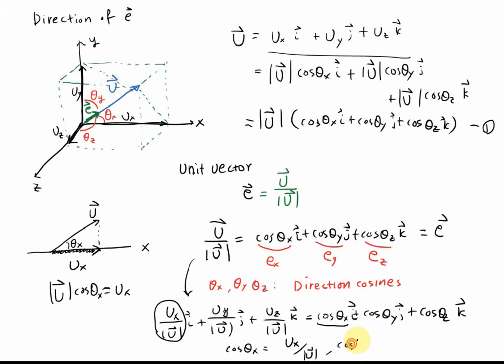Cosine theta y becomes uy divided by the u magnitude, and cosine theta z becomes uz divided by u. So from here you can get theta x, theta y, theta z.